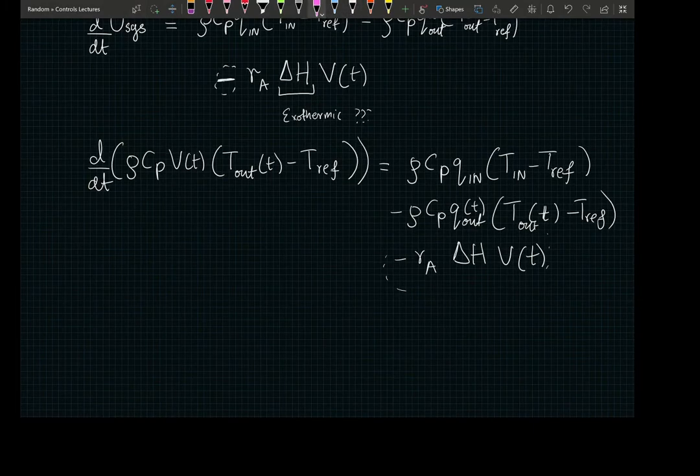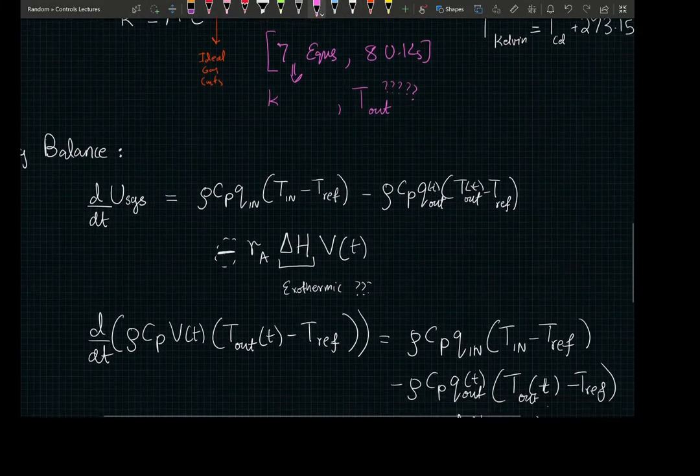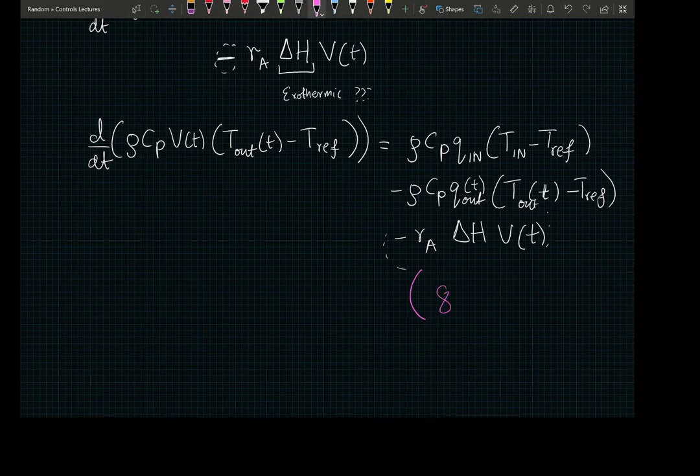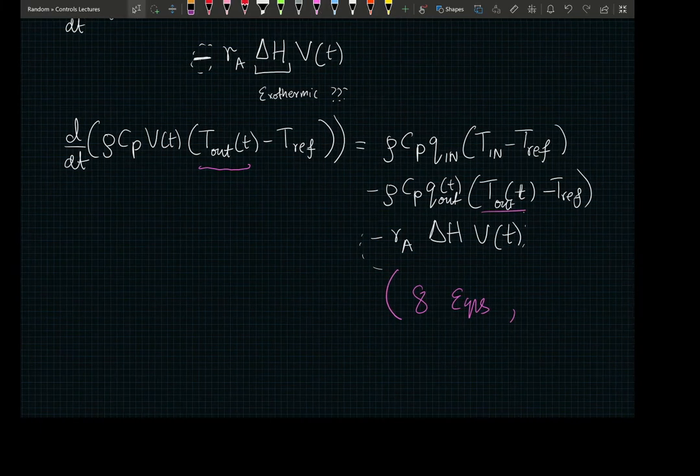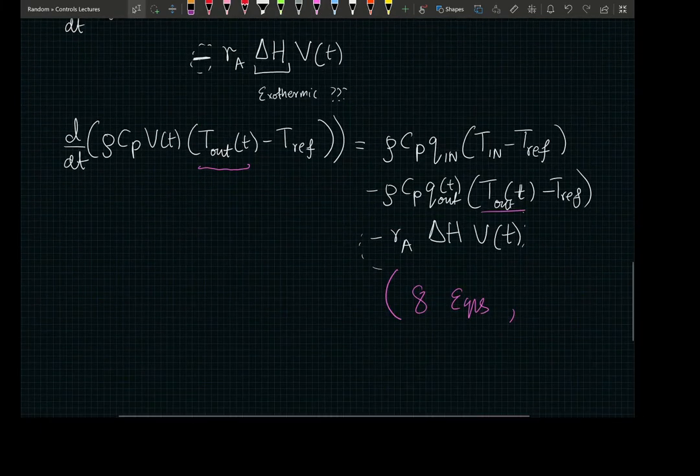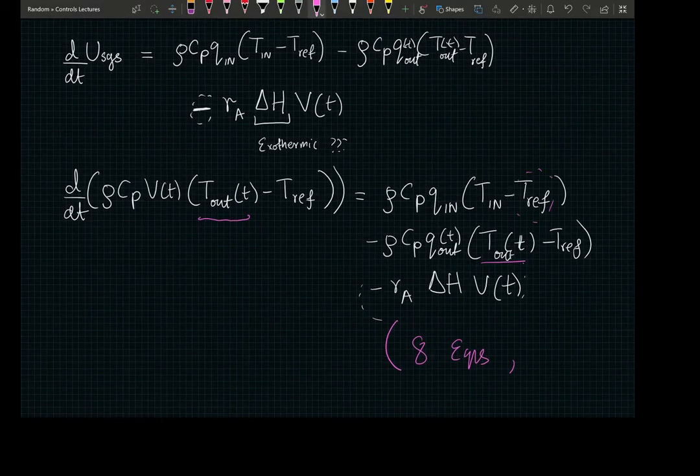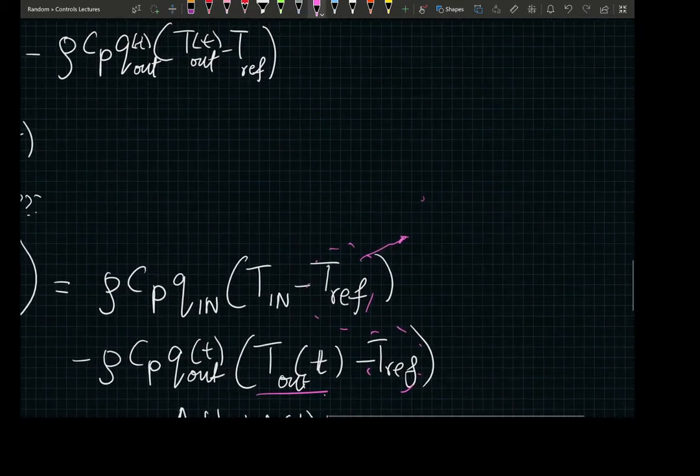All right, so how many equations do we have? 8 equations. T out was the unknown that we were accounting for. Have we added any new unknown? Nope, there's no new unknown. Some of you might ask about T reference, but guess what? T reference is arbitrary.